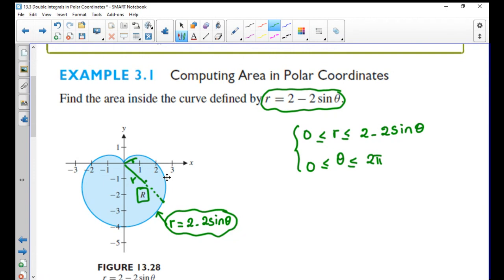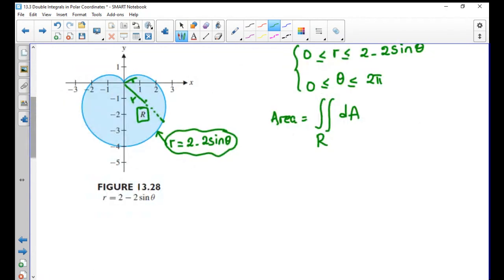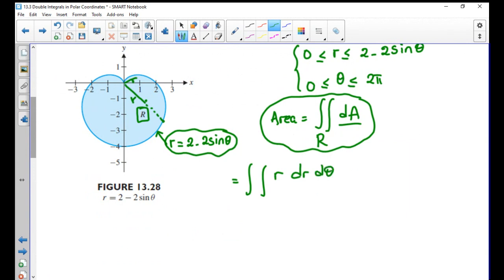So we can now say that the area of this region will be the double integral, like this. What is dA? I should replace it with r dr d theta.